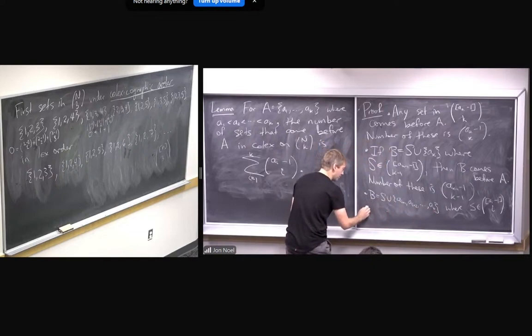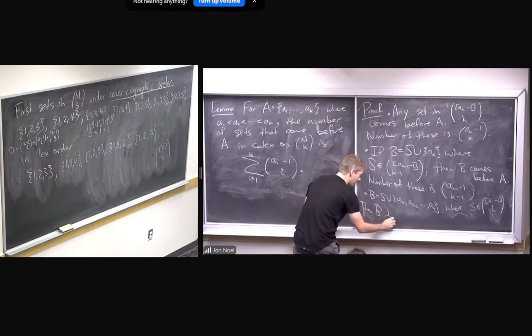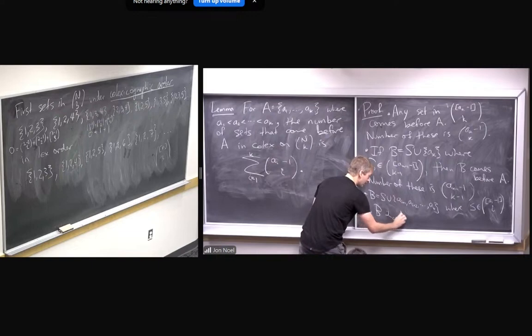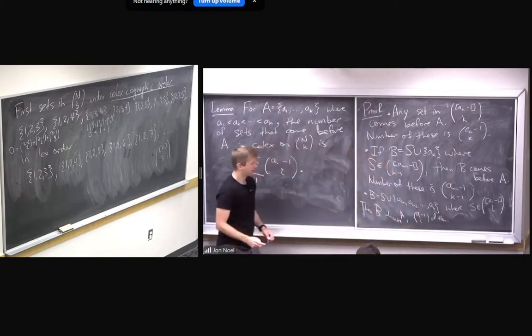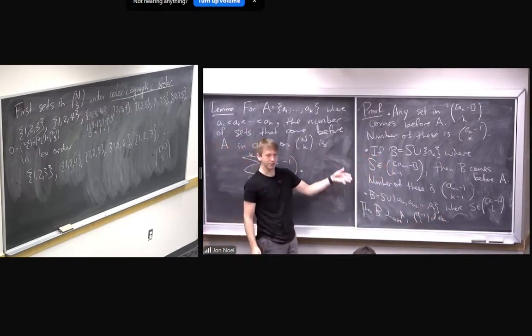Then this thing comes before A in colex, and there are A_i minus 1 choose i of them. So this is just generalizing these first two cases.